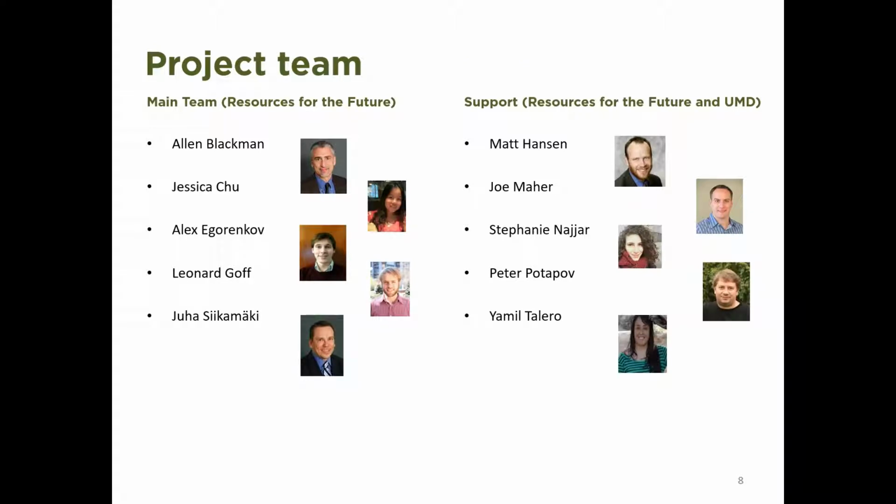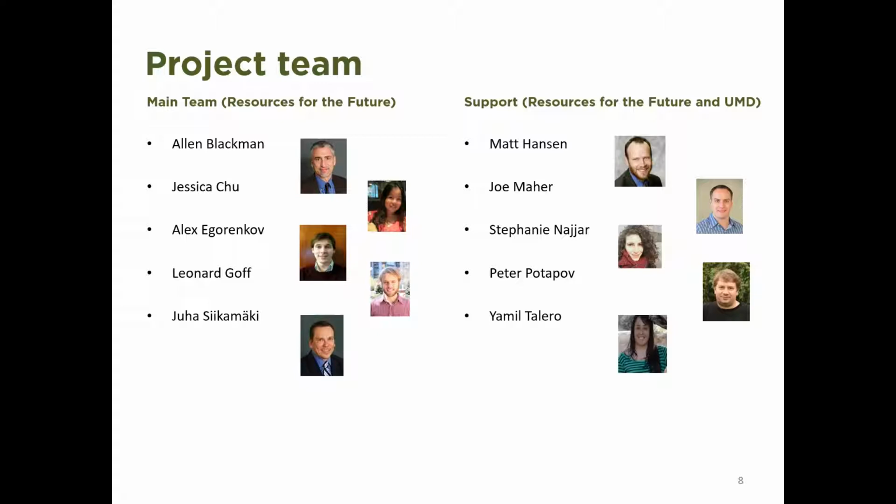Building these tools has been a team effort, and before starting to describe them, I just want to make sure to give credit to the folks that were on this team. The main team consisted of 4 folks who at the time were at Resources for the Future, which is a nonprofit, nonpartisan environmental policy research institute in Washington, D.C. Those folks were myself, Alan Blackman, Jessica Chu, Alex Igorenkov, Len Goff, and Juha Sikamaki.